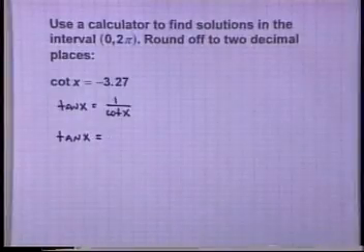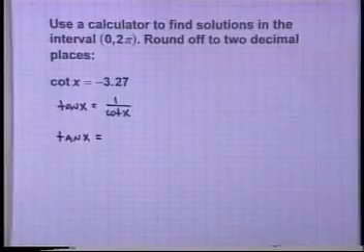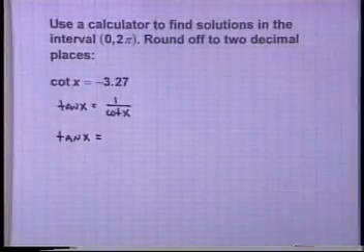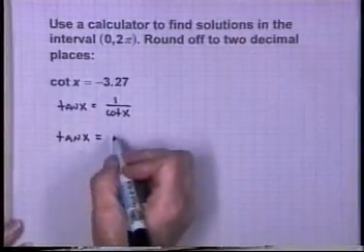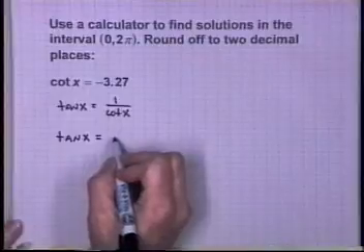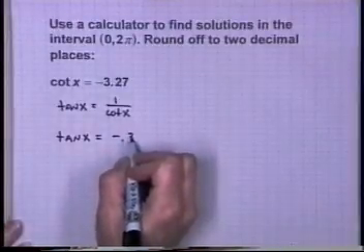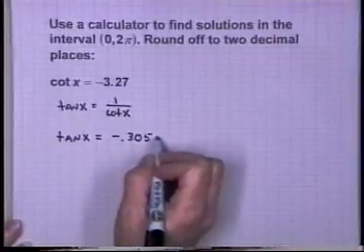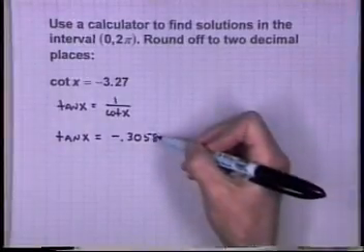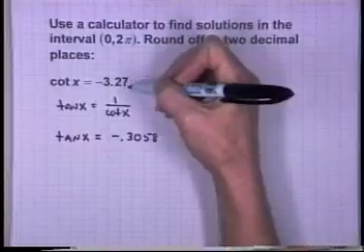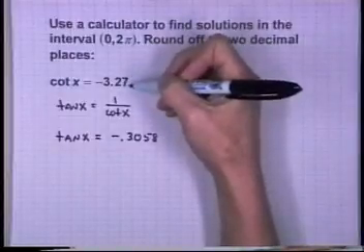If you will enter that negative 3.27 into your calculator, you should have a 1 over x key or an x to the negative 1 key. And if you'll use that key, you'll have here that the tangent of x is approximately, I'm going to just round this off, negative 0.3058 something. So I'm getting this number by flipping this over, finding its reciprocal.